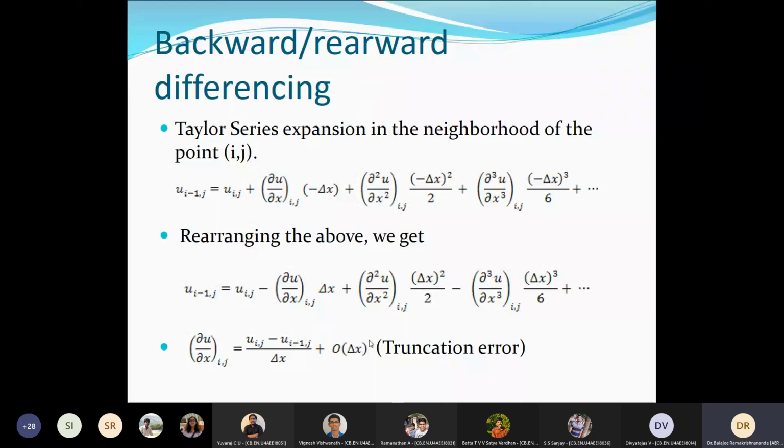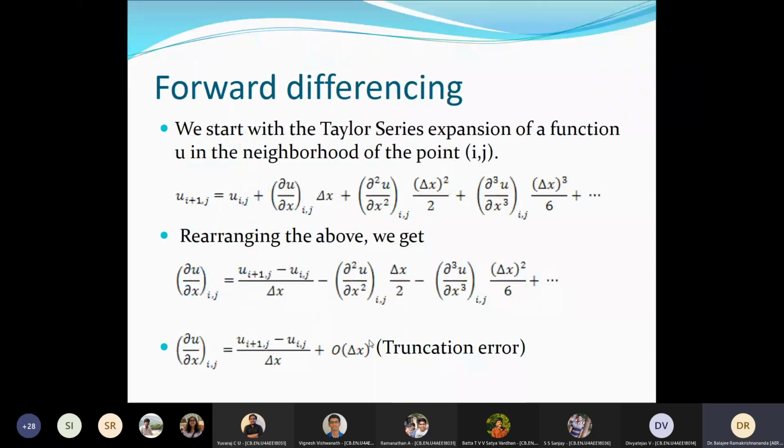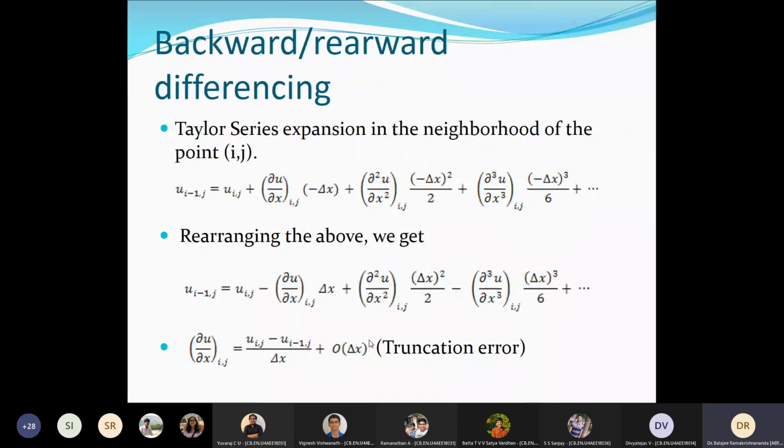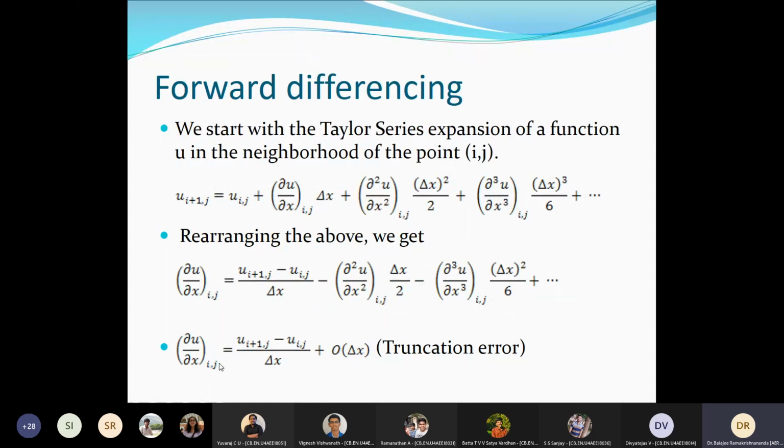In one, you take the current point and the next point, forward differencing. You predict the next point by the current point. In the other one, you make use of the current point and the previous point. Why do you make use of these points? For the same reason, to calculate ∂u/∂x. So what I am finally getting is an expression for ∂u/∂x through forward differencing, given in the last line of the slide.